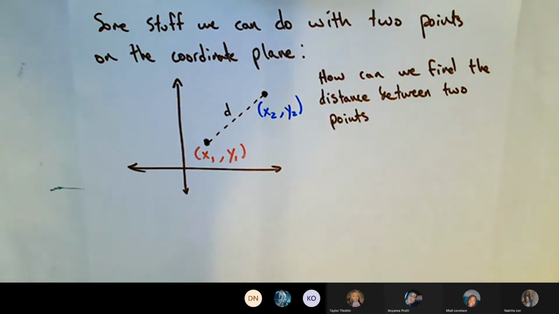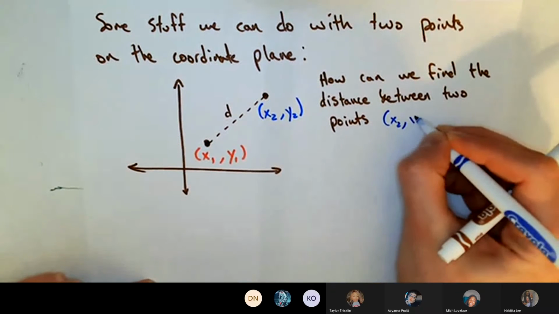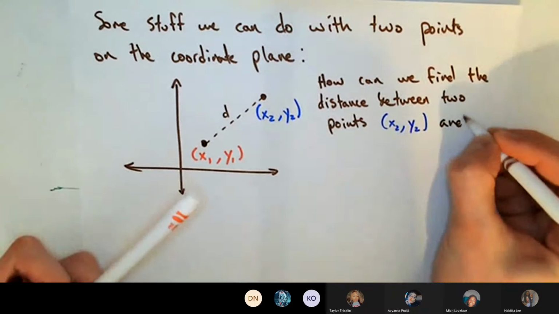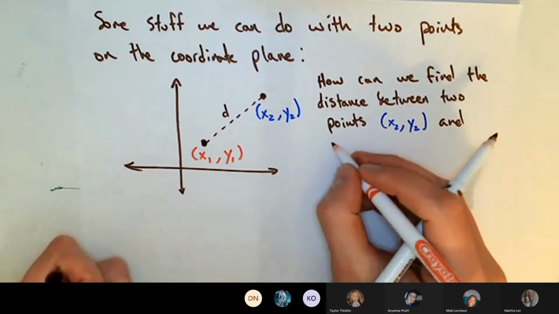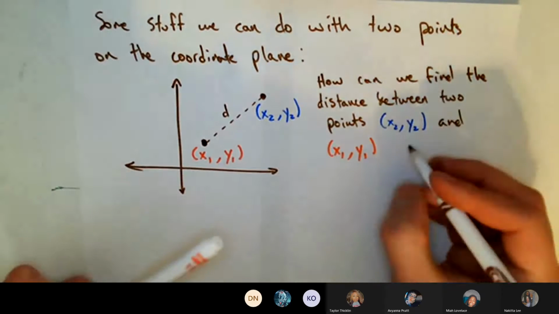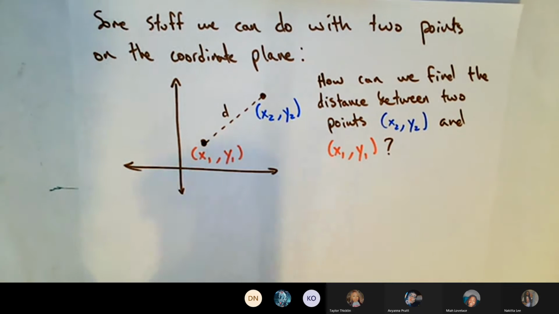Okay. So how can I find the distance between these 2 points, namely x2 comma y2 and x1 comma y1? Okay, how can I find the distance between these points?